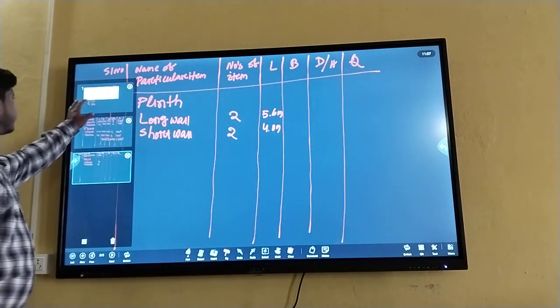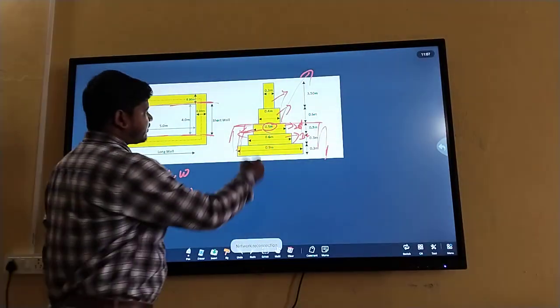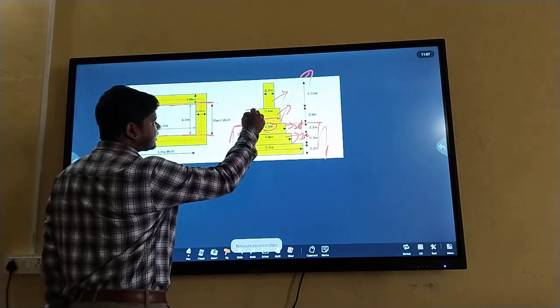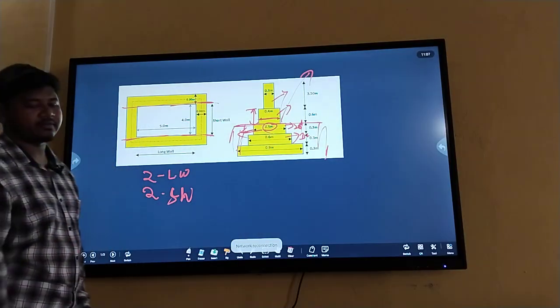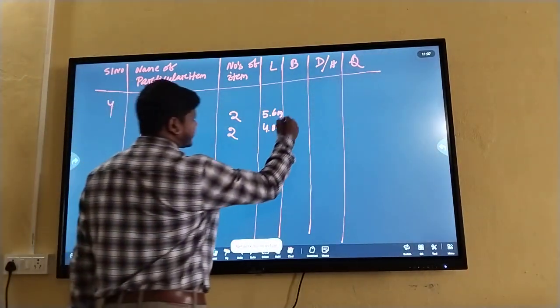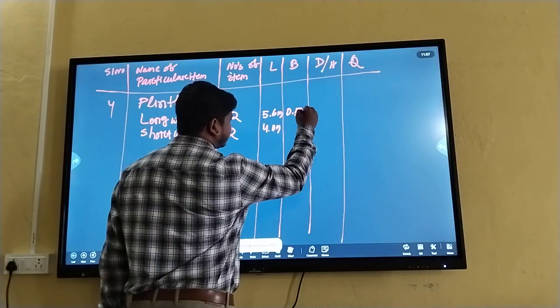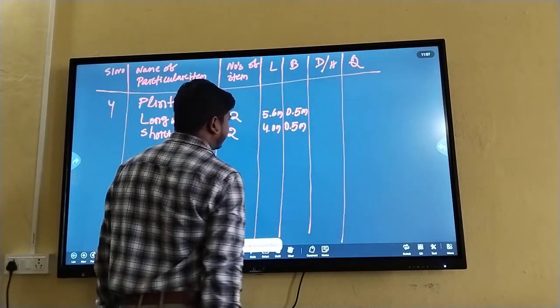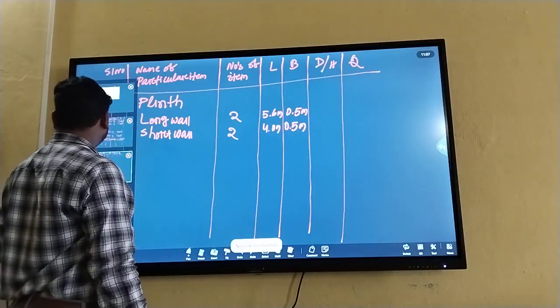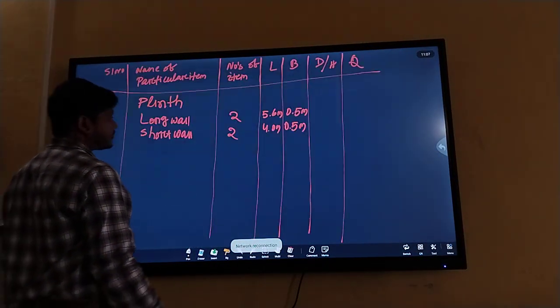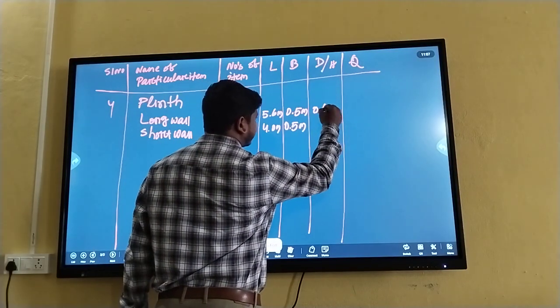Breadth of plinth is 0.5 meter for long wall, also for short wall, and depth or height is 0.6 meter.